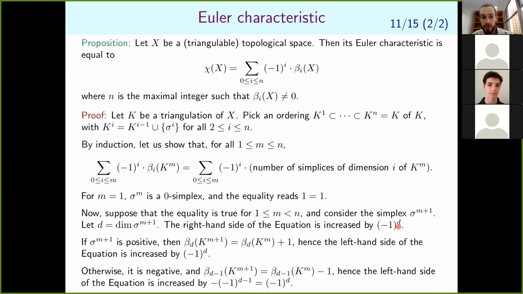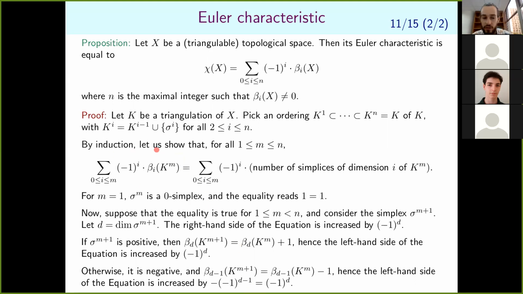If the simplex is positive, then we've seen that beta d is increased by 1. So here we add a (-1)^d. If it is negative, this is beta d minus 1, which is decreased by 1.